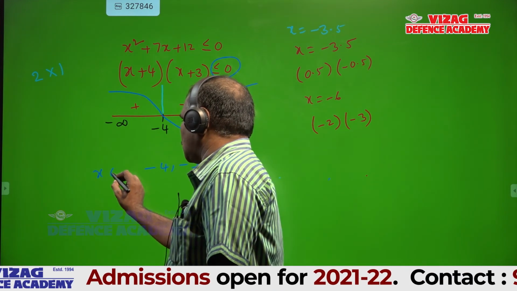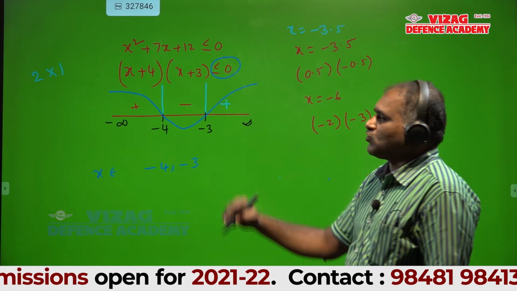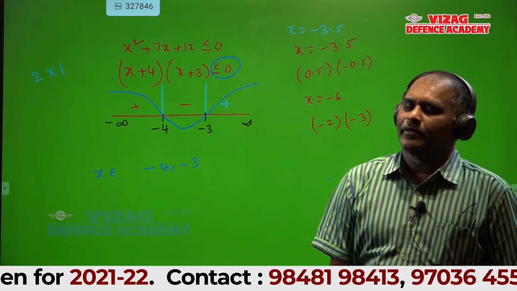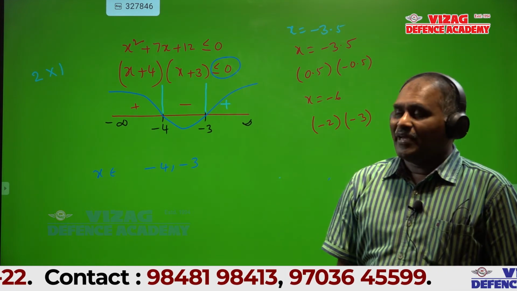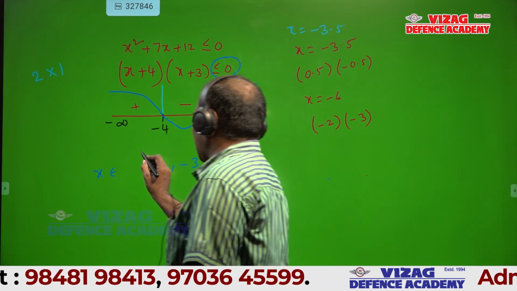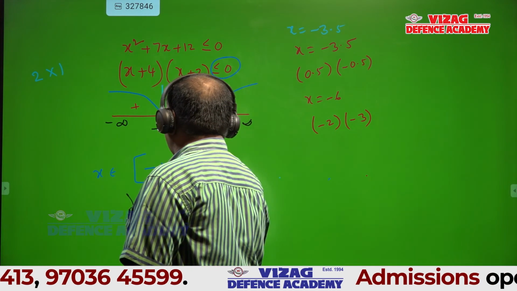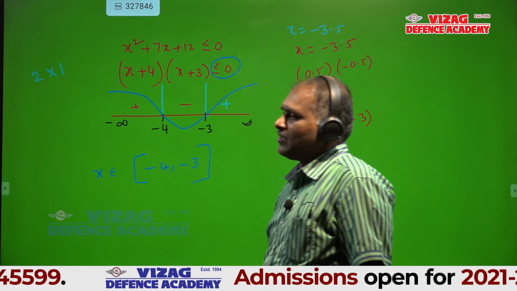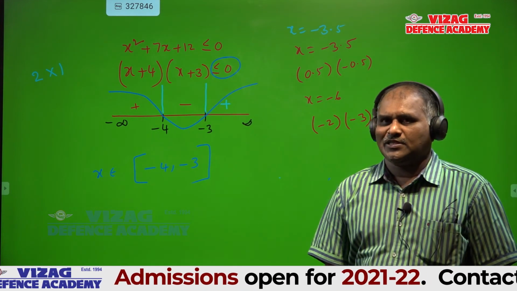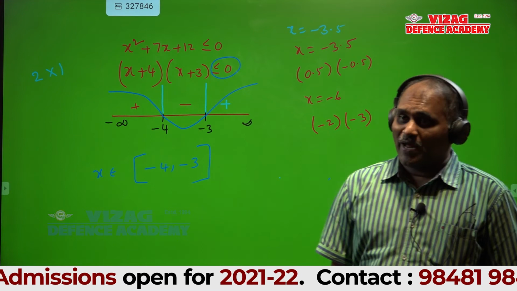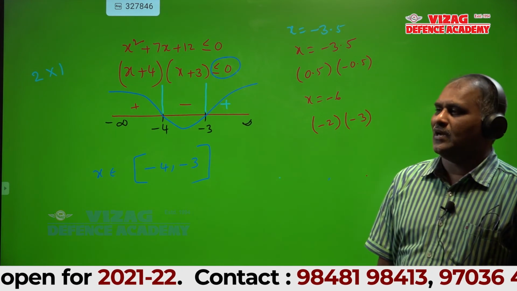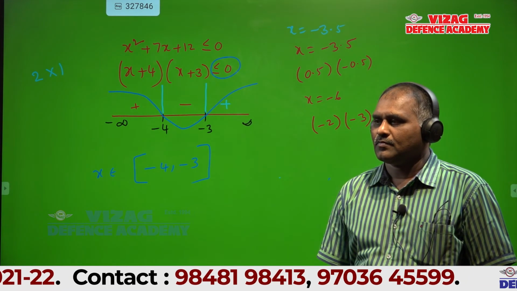Is the equal to sign there or not? It is there, so you can use a closed bracket. Do you understand?